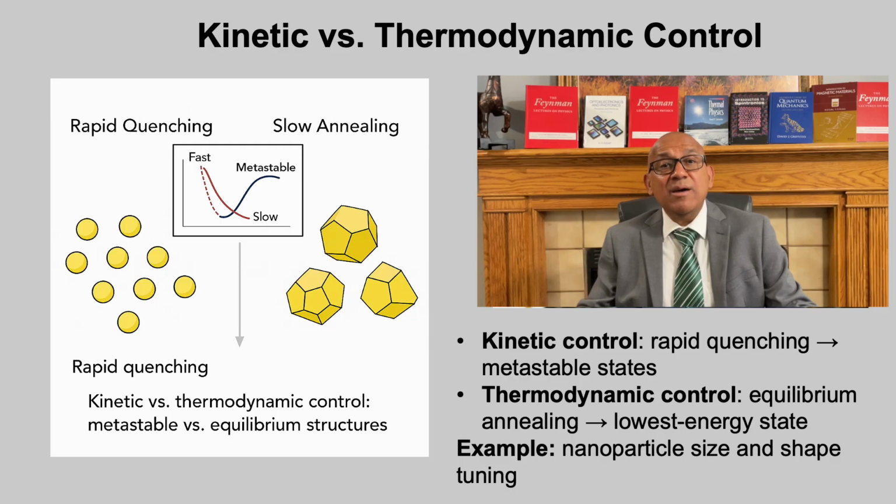A classic example is nanoparticle size control. Rapid quenching can trap many small particles, while slow annealing favors fewer, larger, and more stable particles. Thus, the balance between kinetics and thermodynamics provides a powerful handle for tailoring nanostructural properties.